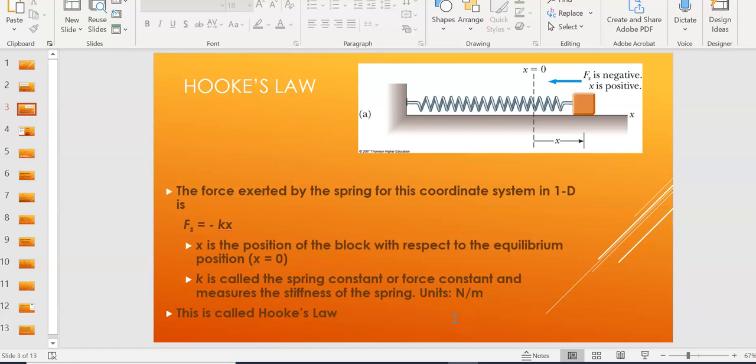It's how hard it is to pull or push on, compress, stretch or elongate that spring. Since you have newtons on the left-hand side and x is measured in meters, the SI units of the spring constant would be newtons per meter. So this F sub s equals minus kx is Hooke's law in one dimension. Okay, so that's Hooke's law.